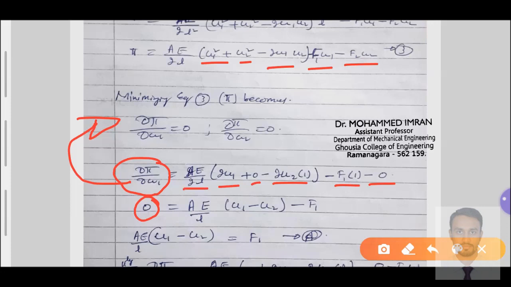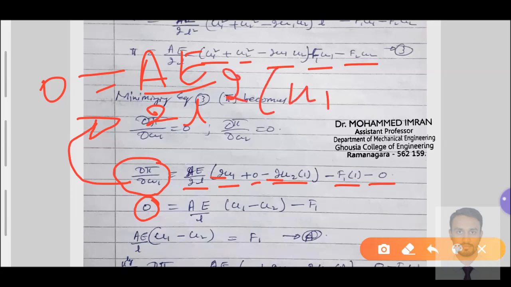Rearranging, I copy AE by 2L, 0 is equal to AE by 2L into, I'll take 2 common here, 2u1 minus 2u2 minus f1. The 2 will get cancelled. Then this equation becomes AE by L into u1 minus u2 minus f1.